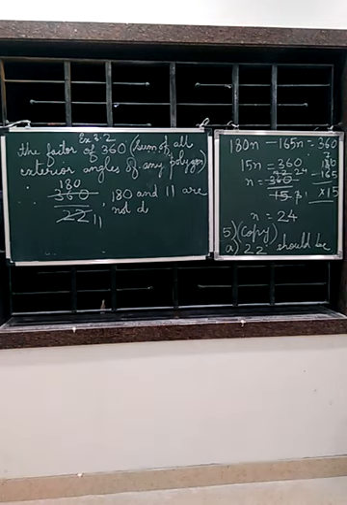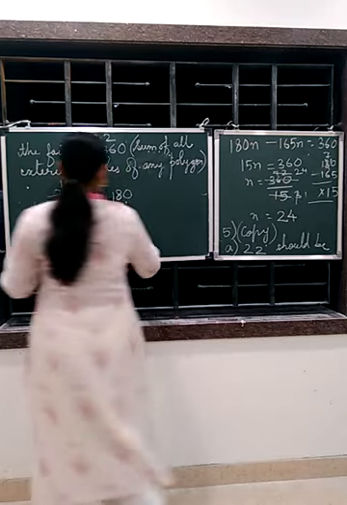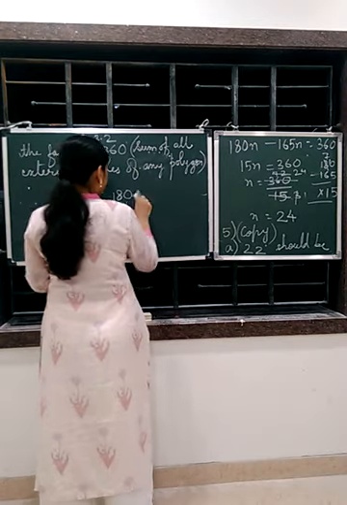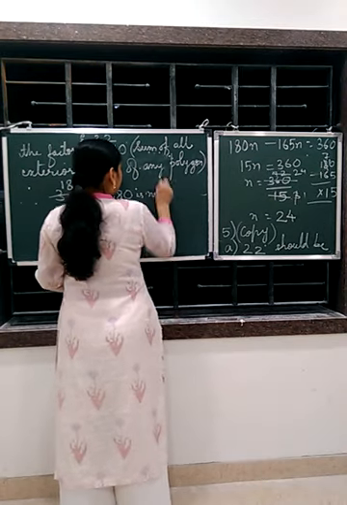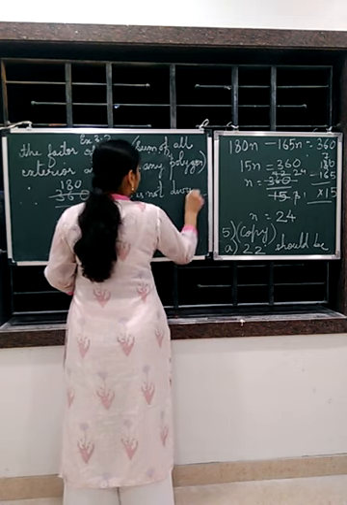Okay, let me take a piece of chalk. 180 is not divisible by 11.